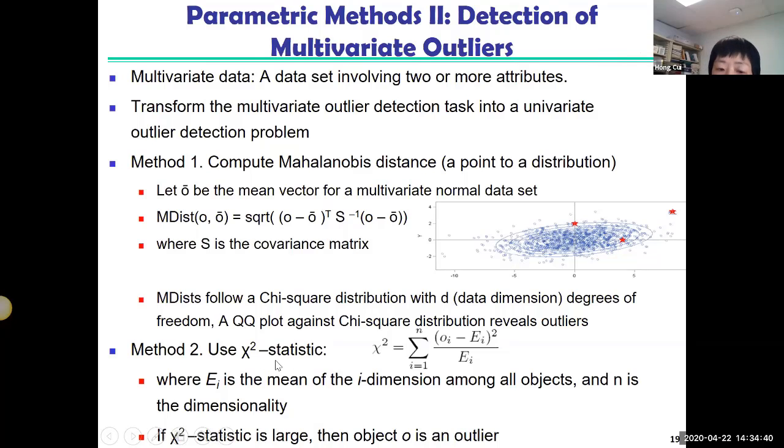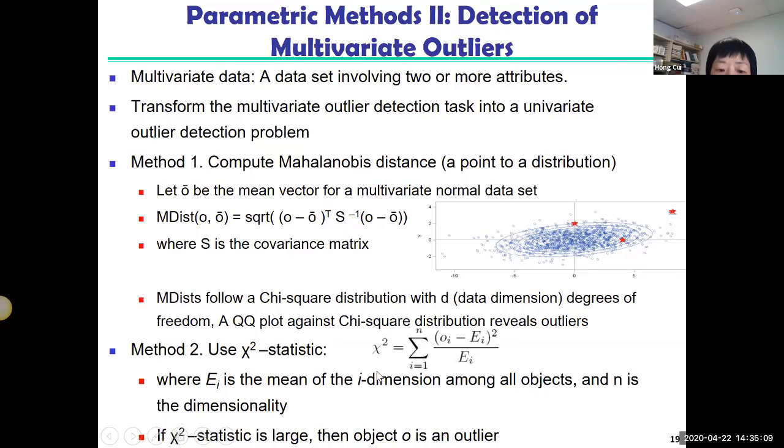Similarly, we can use chi-square statistics, where you compute the expected value. The expected value would be the mean of the i-th dimension along all objects. And for every dimension, you compute that to see how far away this object i is from the expected value.